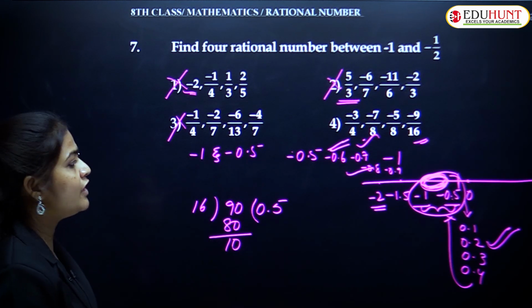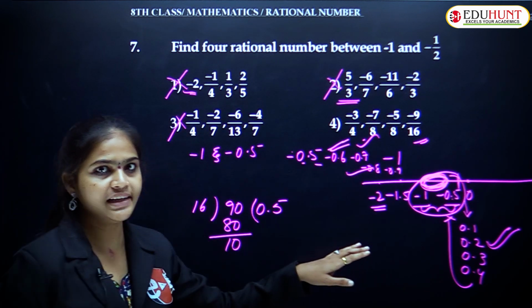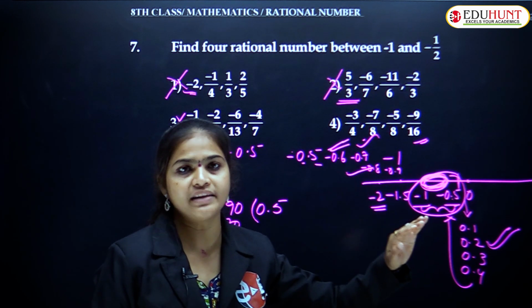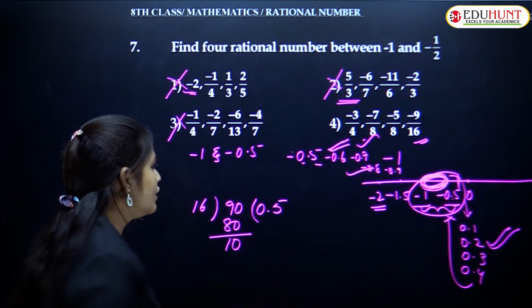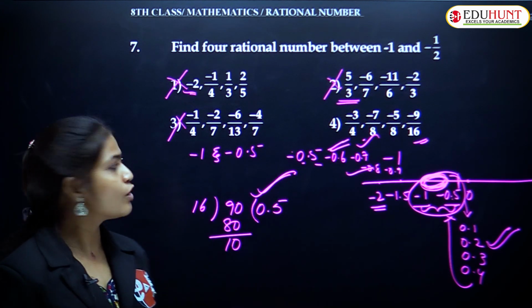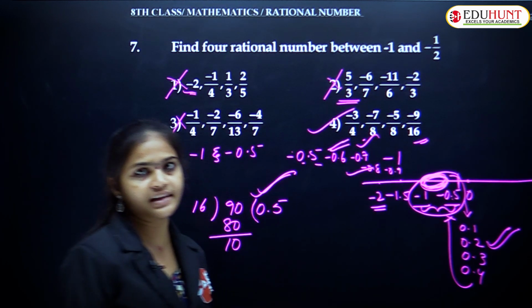So 0.5 something, whatever it may be, here 0.5 onwards, right? So 0.5, 0.51, 0.52, 0.53, these are all the numbers which lie in between 0.5 and minus 1. So in that case also we can say that this number is also satisfying. So finally which option is correct? Yes, option 4 is correct here.